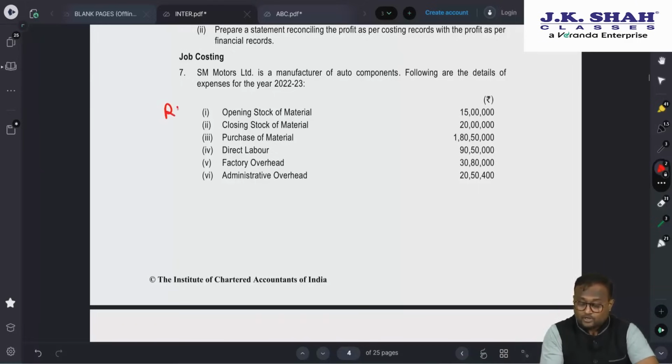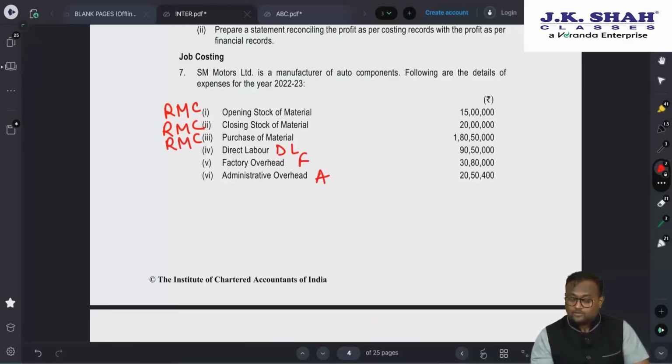Opening stock of raw material, then closing stock of raw material, purchase of material, direct labor, factory overheads, admin.